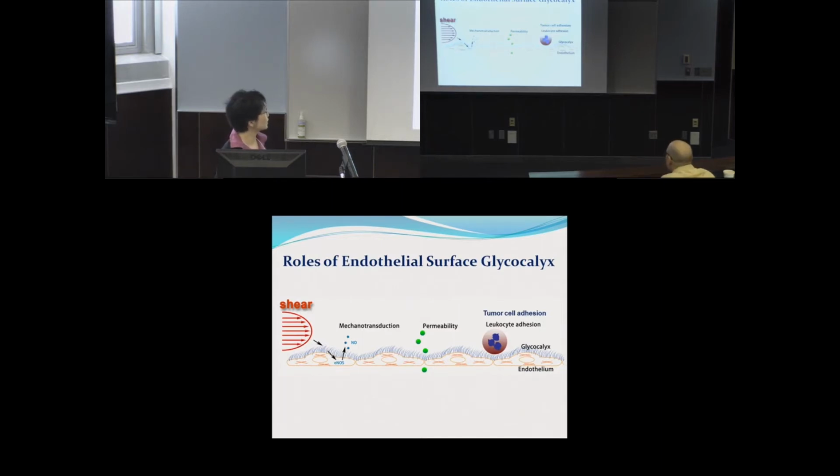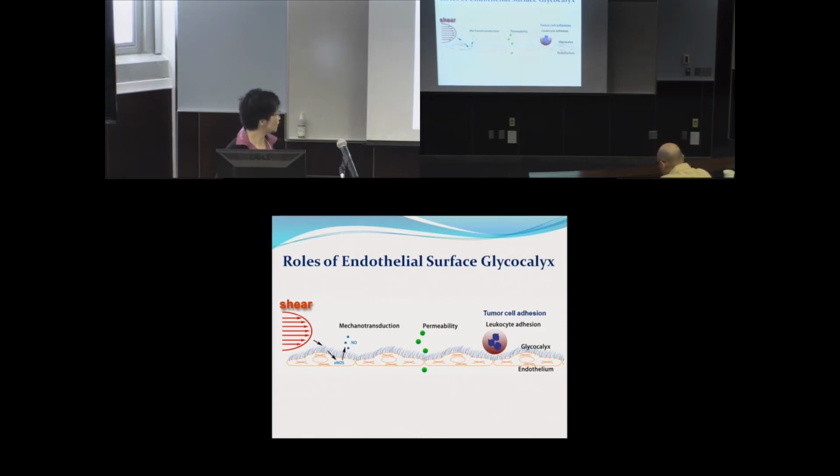Because of its unique location, the surface glycocalyx can play several roles. It can serve as a mechanosensor and transducer. Also, it can maintain and modulate the microvessel wall permeability to water and solutes.